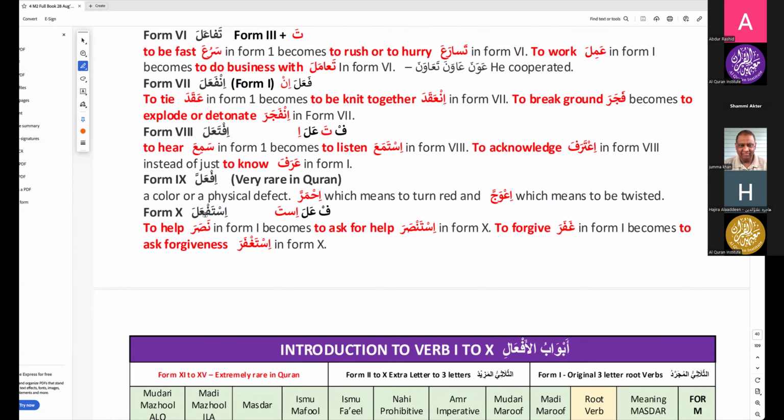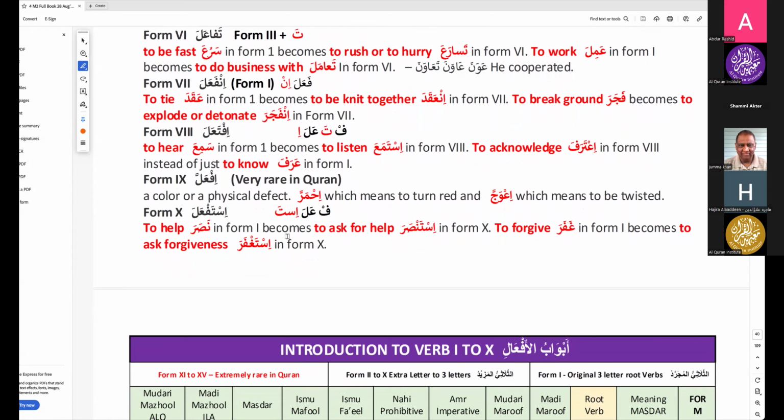And finally is form 10. What do we get here? Istaf'ala. Ista is added before fa'ala, and fa is now taking a sukoon, instead of fa'ala, istaf'ala.